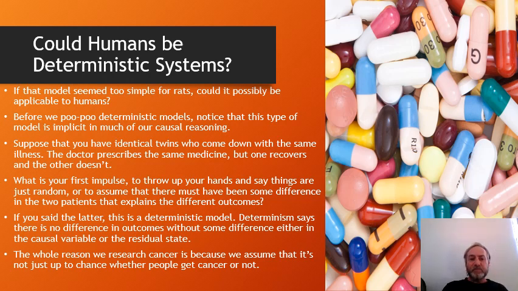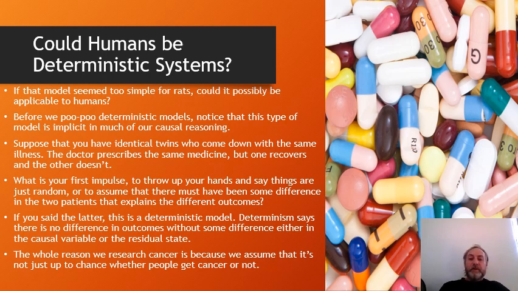And if that feels natural to you, to say that if there's differences in outcomes, then there's got to be differences in the individuals, that's all that this deterministic model is saying. You're not going to get a difference in the outcome without some difference in either the causal variable or the residual state.